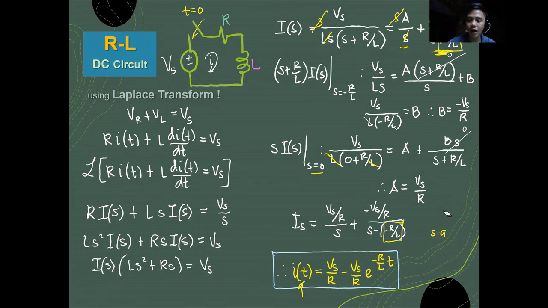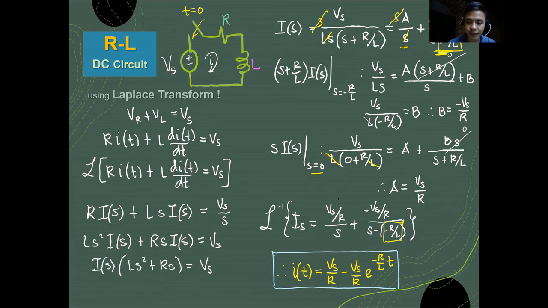Now having solved this, you can actually go back to the time domain. We are still in the s domain, or we call it the frequency domain. So converting it back to the time domain, we will have this answer.